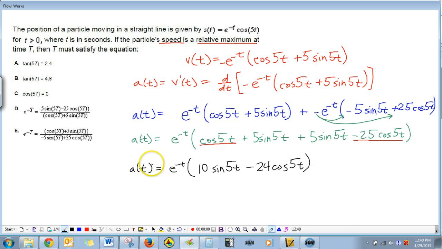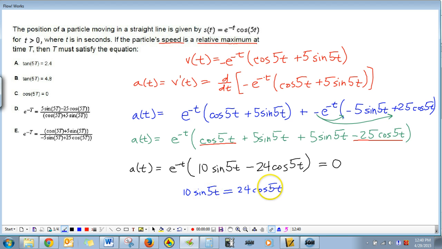So we need to find out when the acceleration equals 0. e to the negative t is never going to equal 0, so this is only going to equal 0 when this factor equals 0. That'll only happen when 10 times the sine of 5t is equal to 24 times the cosine of 5t.